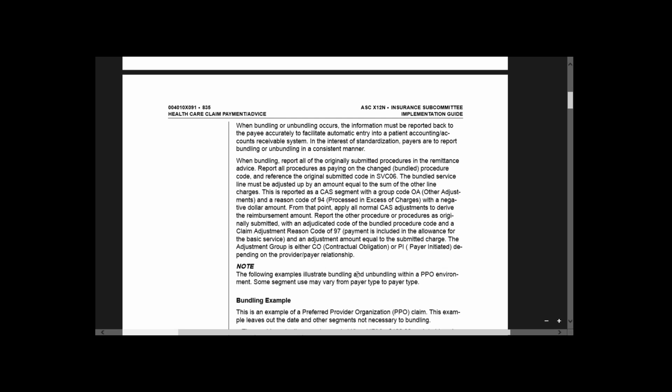Whereas with unbundling, you have the procedure code and you are reducing it. Rather than adding, you are rejecting the procedure code, ungrouping them, and making the specific payment for those procedure codes. So that is your unbundling.